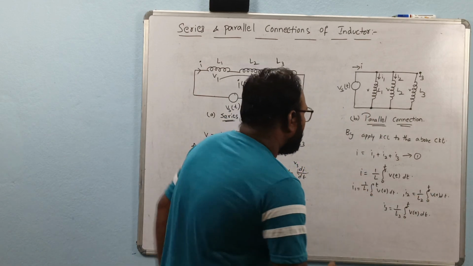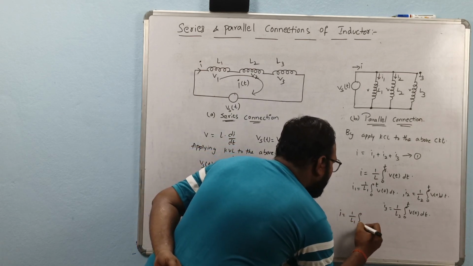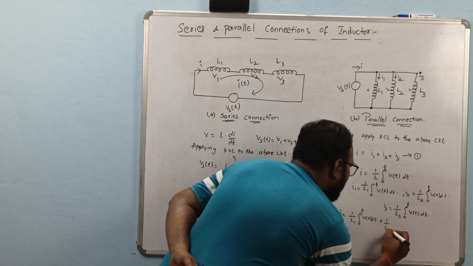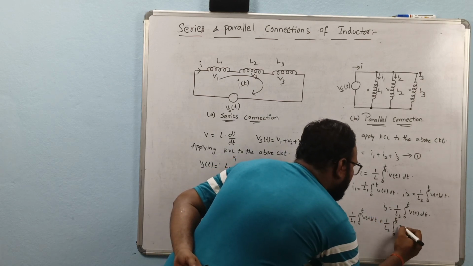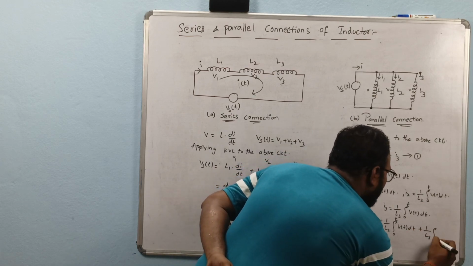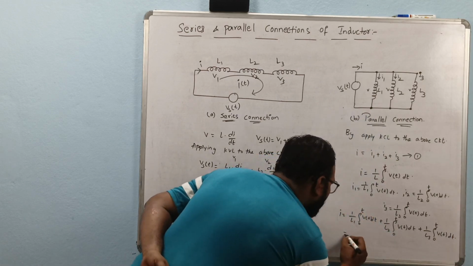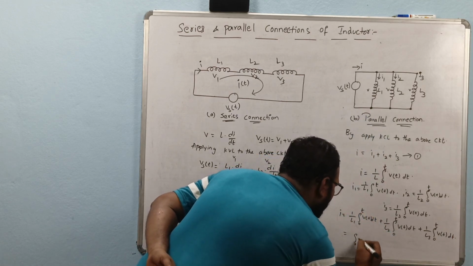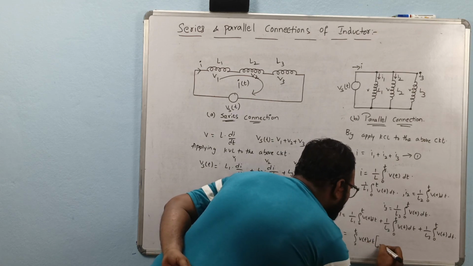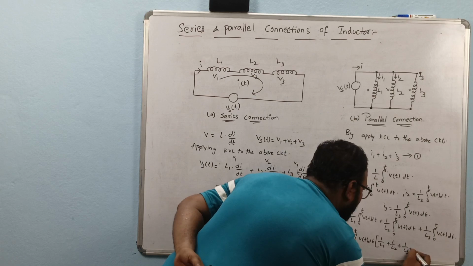Now add all these. I is equal to 1 by L1 integral 0 to t V of t dt plus 1 by L2 integral 0 to t V of t dt plus 1 by L3 integral 0 to t V of t dt. Taking the common term, integral 0 to t V of t dt into 1 by L1 plus 1 by L2 plus 1 by L3.